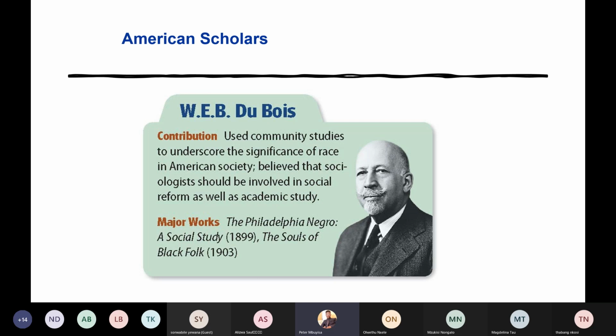And another American scholar, W.E.B. Du Bois, used community studies to underscore the significance of race in American society. So that's like an applicational one. He applied sociology in American society, and believed that sociologists should be involved in social reform as well as academic study.